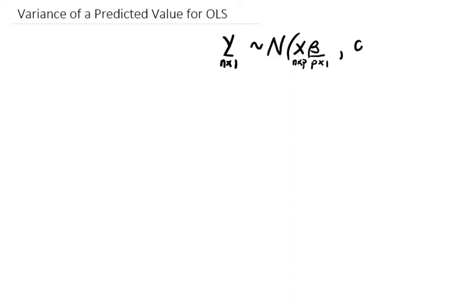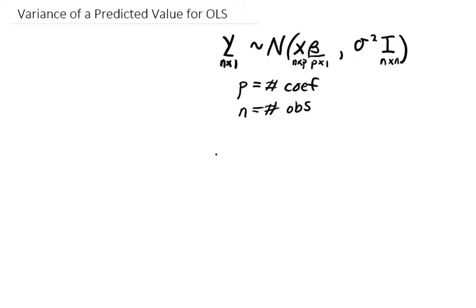And we are also assuming that there is variance, which is sigma squared times the identity matrix, and that is n by n. In this case, that beta vector includes beta naught. p is the number of coefficients, and n is the number of observations.